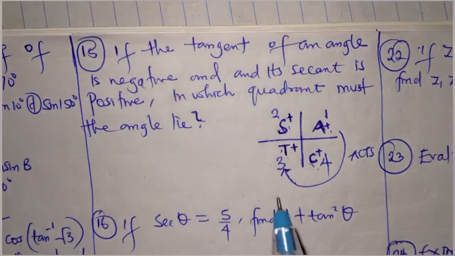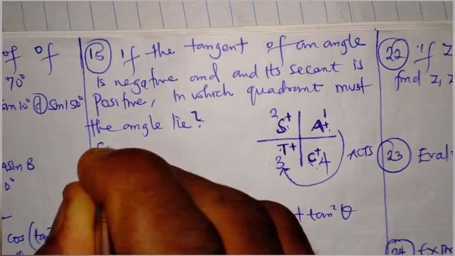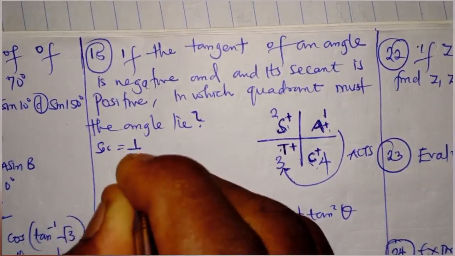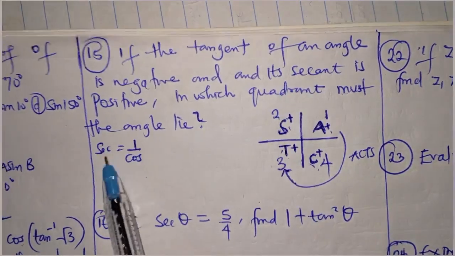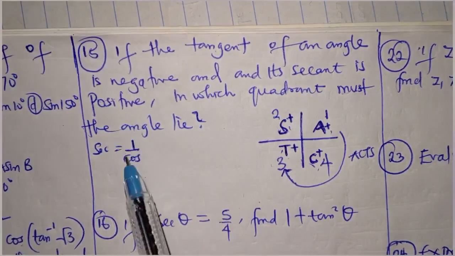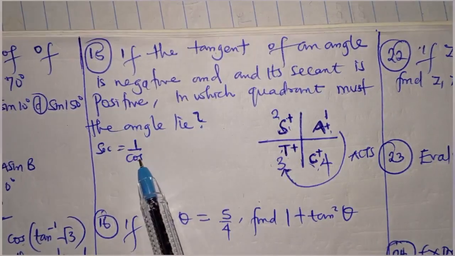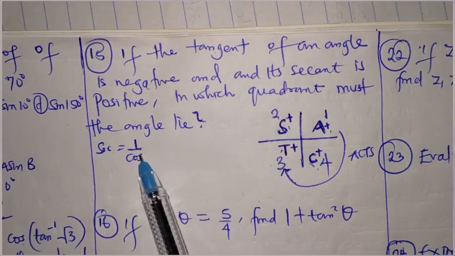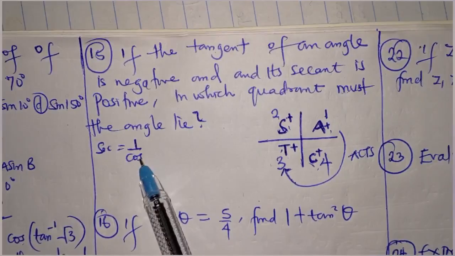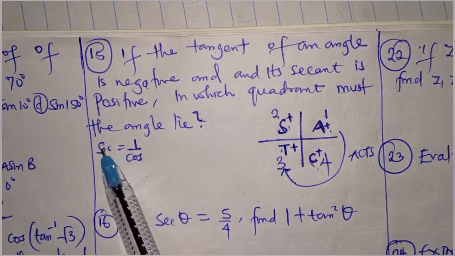What is secant? Secant, that's sec, is 1 over cos. They are saying now that the secant is positive. Take note, if cos is positive, sec will also be positive. And if cos is negative, sec will also be what?